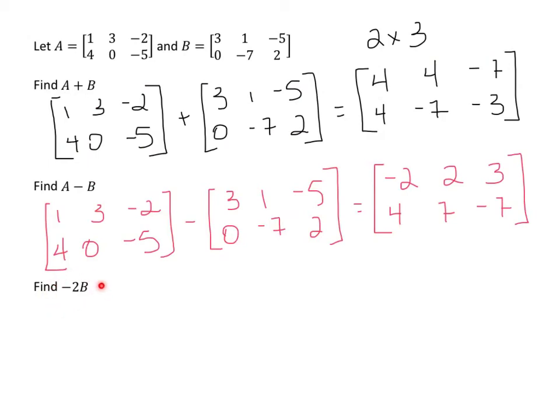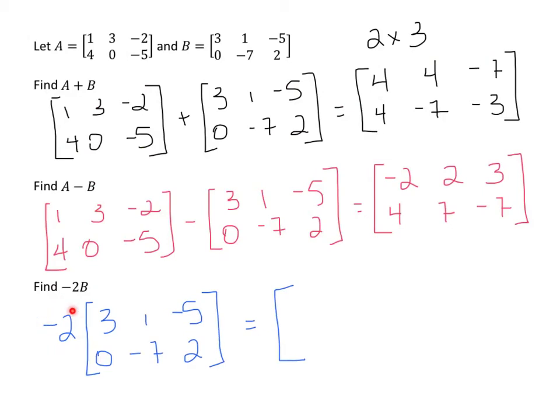The last is what we call scalar multiplication. We're being asked to find negative 2 times matrix B. Our resultant matrix will again be the same size as B, and what we'll do is sort of like distributing. Negative 2 times 3 is negative 6.